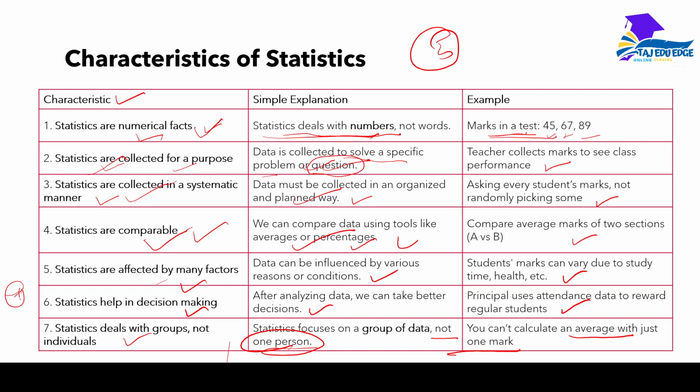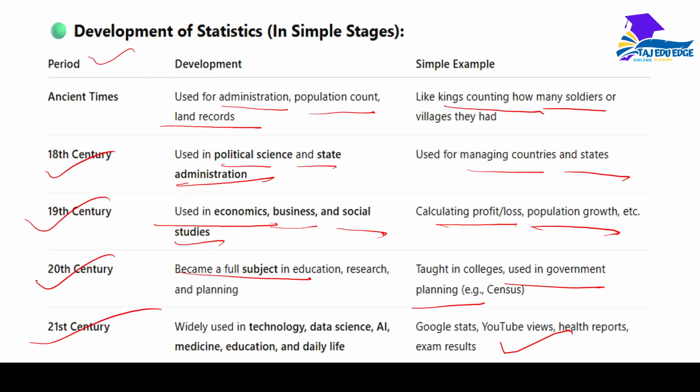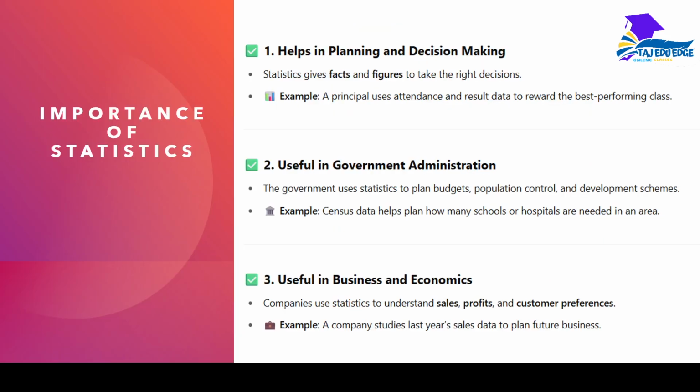In the second video, I have covered the characteristics of statistics. In the third video, I have covered the origin and development of statistics, the development of statistics in simple stages. And today, in the fourth video, I will be covering the importance of statistics. Why do we need statistics?